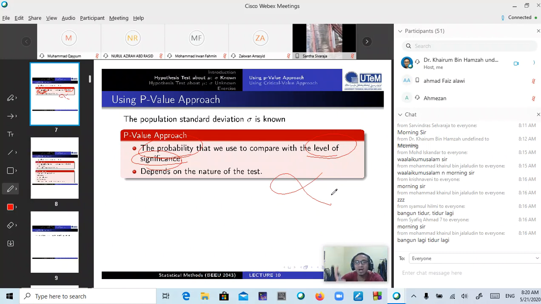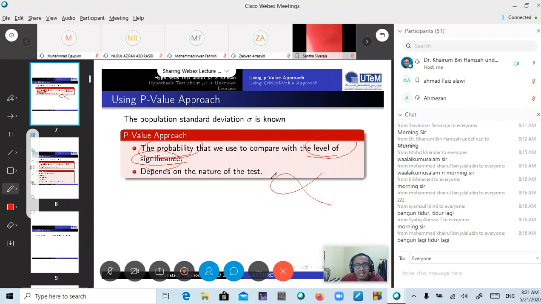And level of significance is always given by the question. If the question does not give the level of significance, you cannot solve hypothesis testing. And then it depends on the nature of the test. What is the nature of the test? Last week, you already learned.